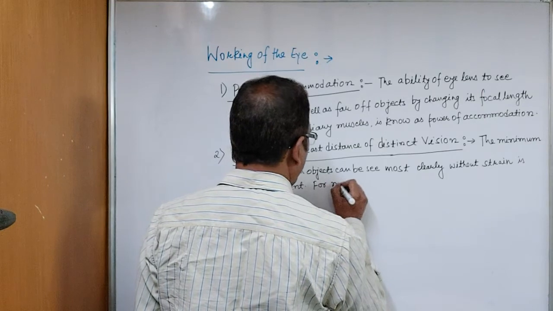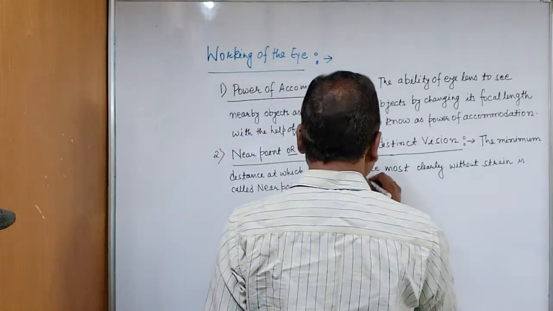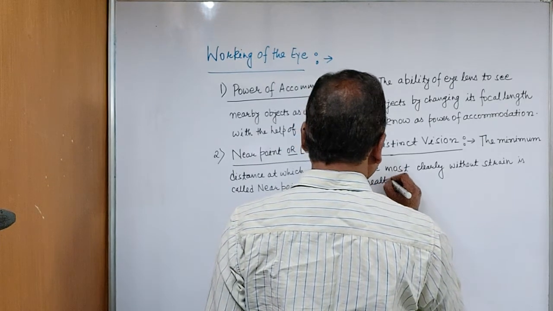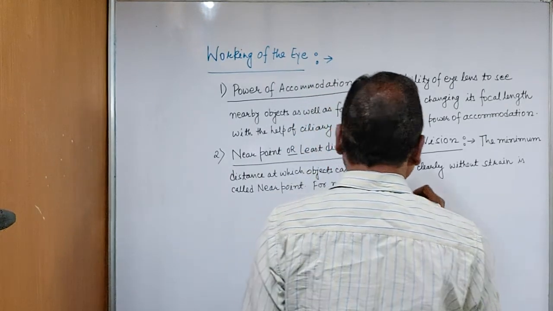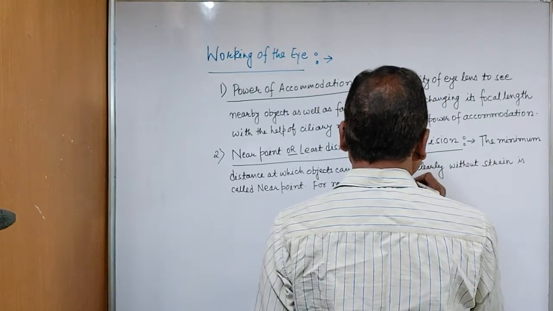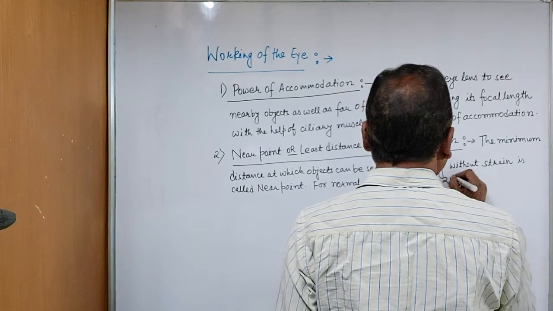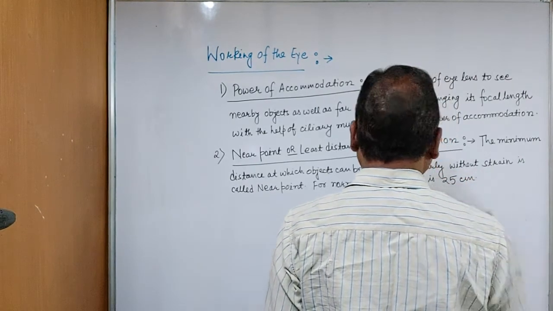For a normal healthy eye it is 25 centimeter.